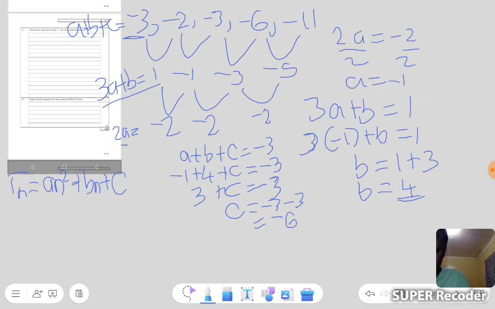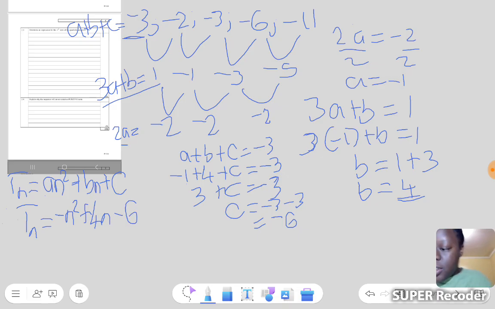So therefore we can conclude that our general term is going to be negative n squared plus 4n minus 6. So let's continue. 2.4 states to explain why the sequence will never contain a positive term.